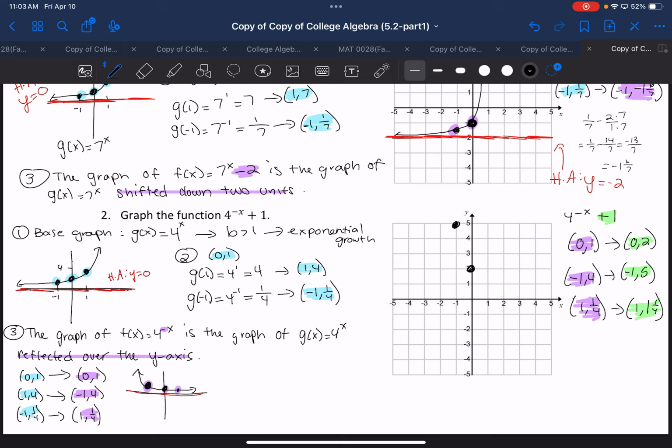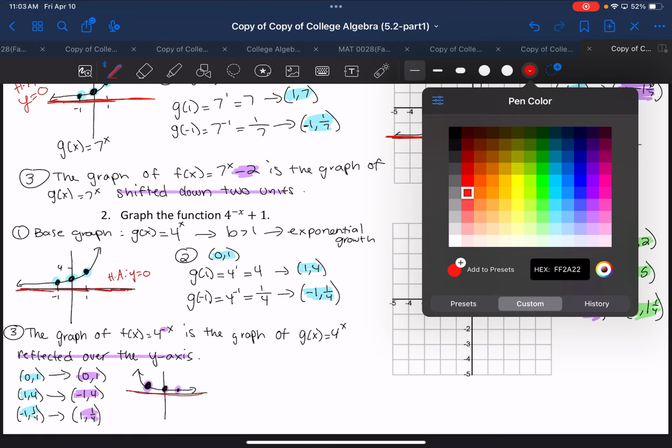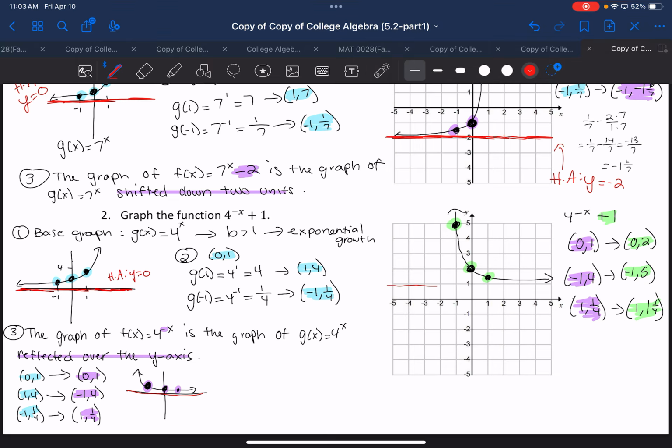And 1 1/4 would be about here. And my new horizontal asymptote would be y equals 1 because I shifted everything up 1 unit. Remember, that's the only thing that will change your horizontal asymptote.